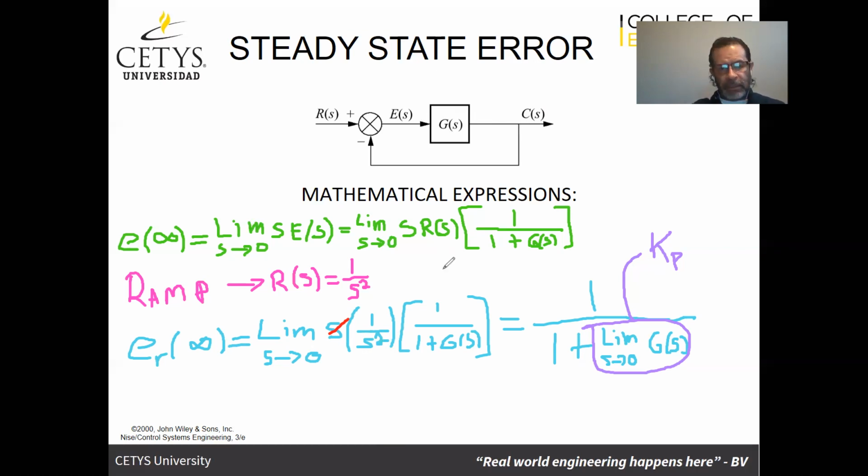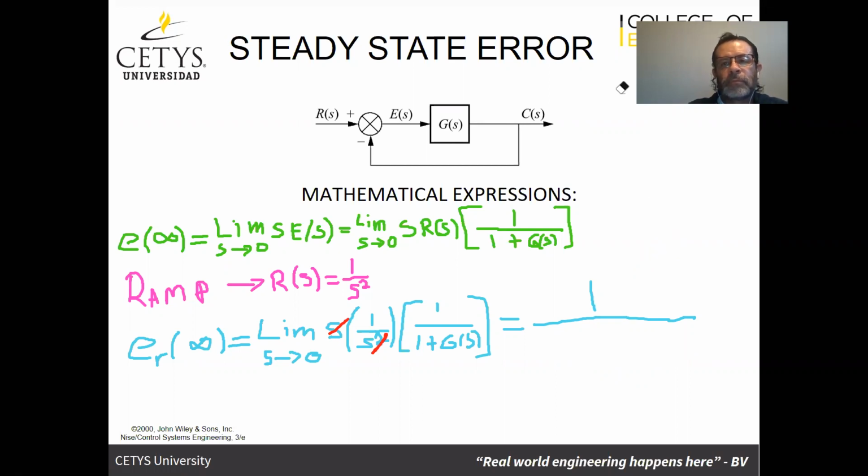The square is going to be eliminated, but I'm still going to have an S in the denominator. That's going to generate, instead of having a 1 here, if I multiply that, I'm going to have S.